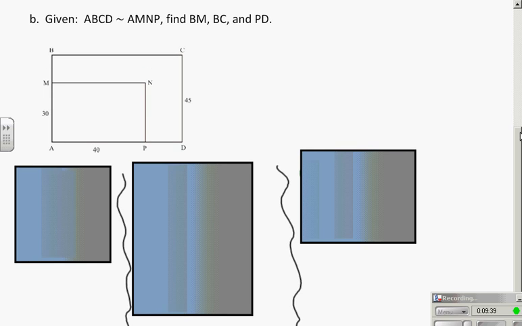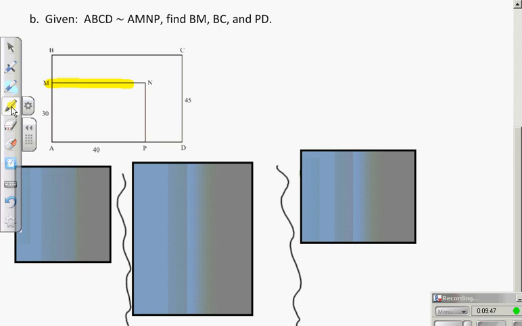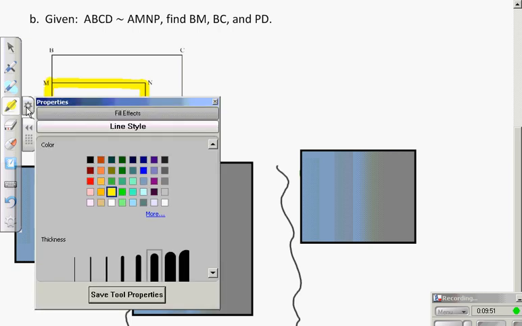Now the next picture, overlapping rectangles. Given ABCD is similar to AMNP, find BM, BC, and PD. Well, let's get a visual of what we're looking at.